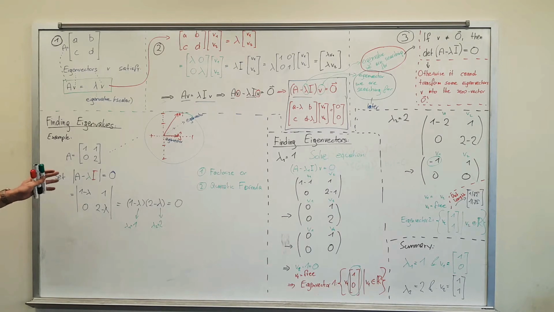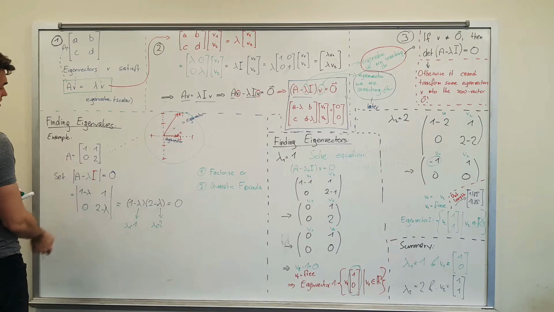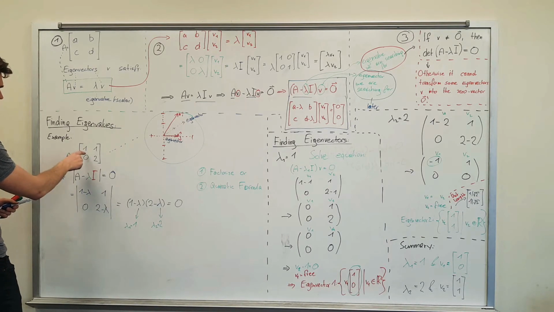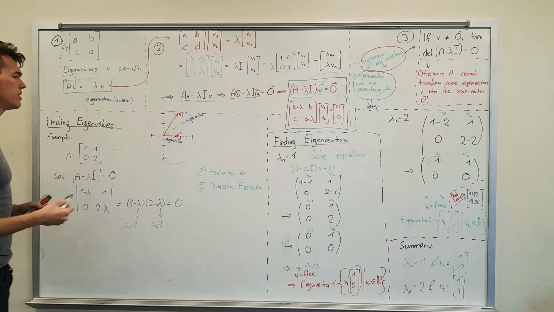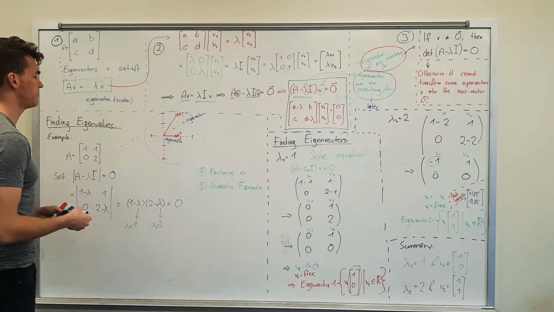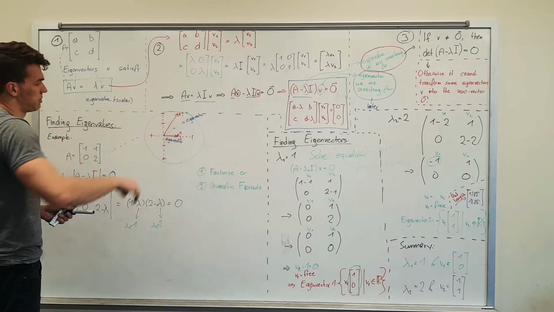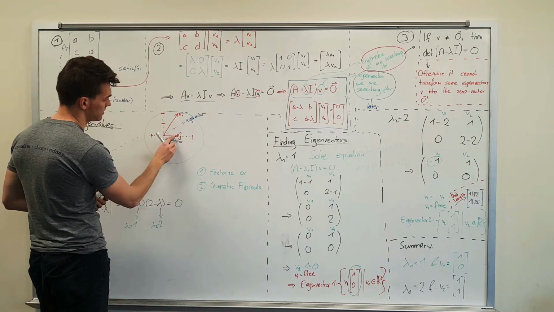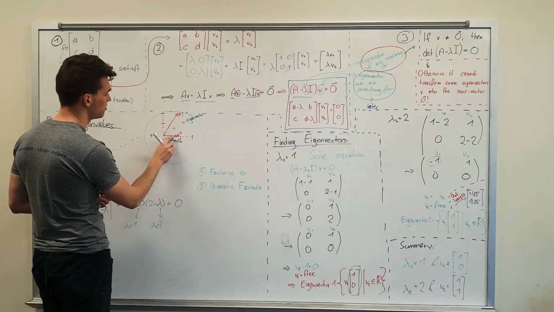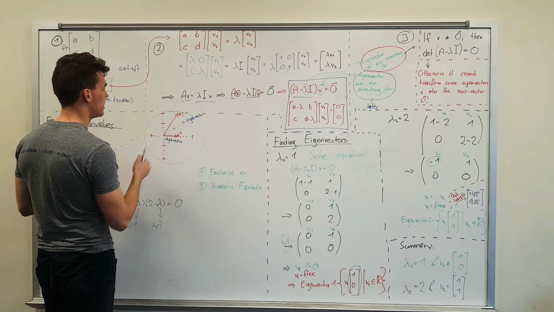Let's go through an easy example. We have this transformation A, it has values 1, 1, 0, 2, and we can illustrate this. We already talked about how we can illustrate vectors and how we can plot them. We know the first vector, the red one, is i hat transformed.